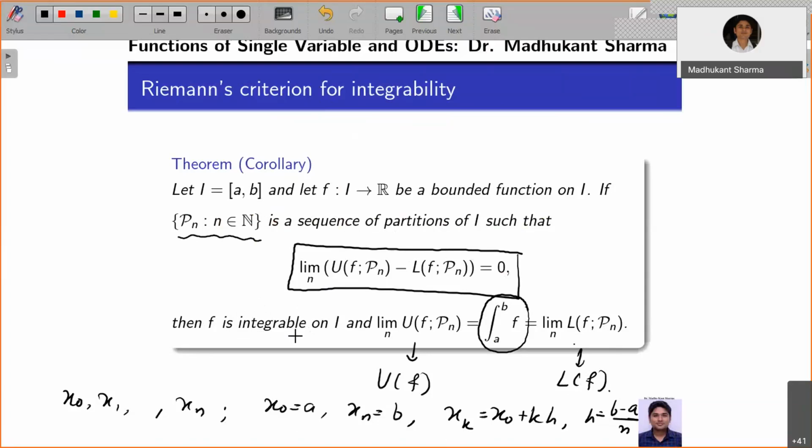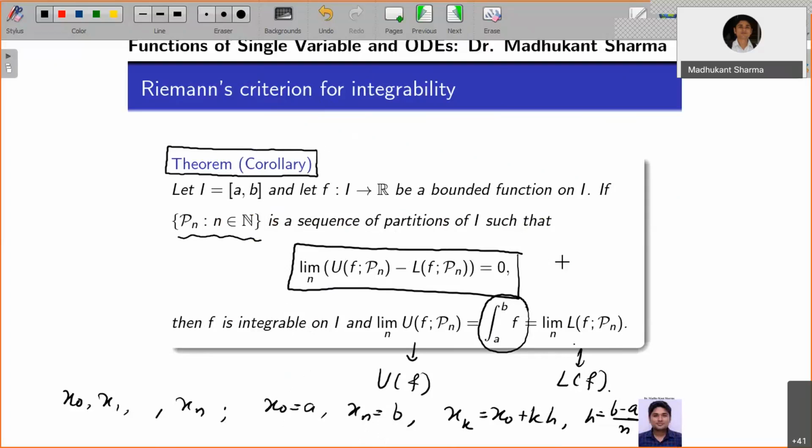We have already used this criterion earlier; if you recall, we showed the area of the curve bounded by x square between the interval 0 to b. There also we looked at this sequential criterion in some manner. So this is a more favorable result for establishing the Riemann integrability of certain functions.